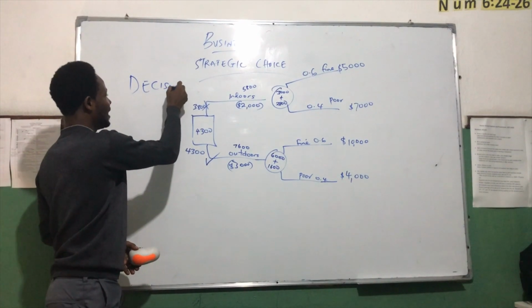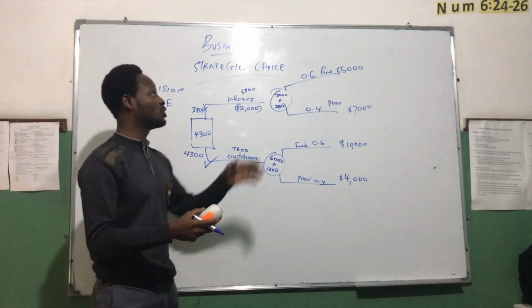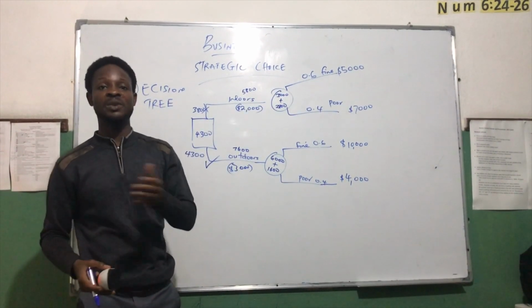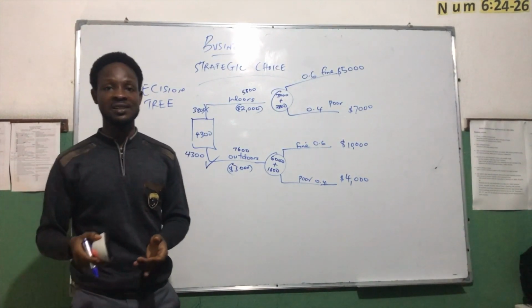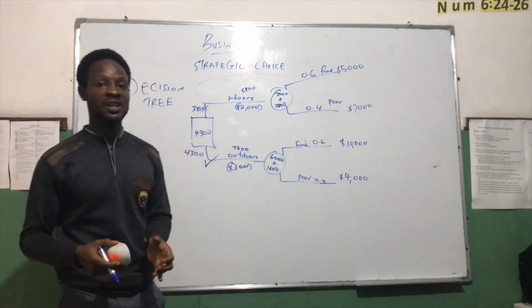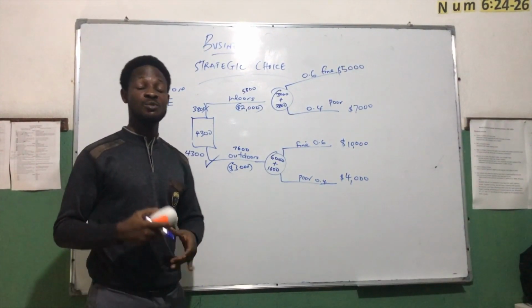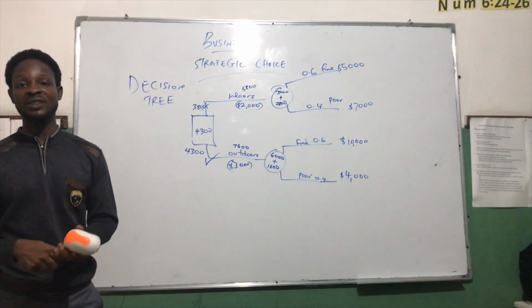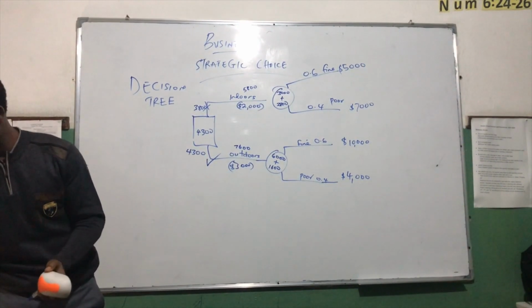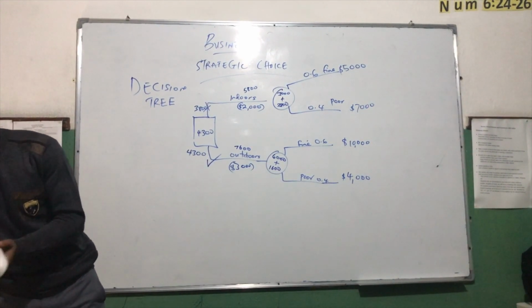But as I said earlier, the decision tree is one of the strategic choice methods. We have Answers matrix, force field analysis, and investment appraisal is also there. But the decision tree is one key tool that we can use while making our strategic decisions. If you have access to the textbook that I used, you could look at page 563 as well.